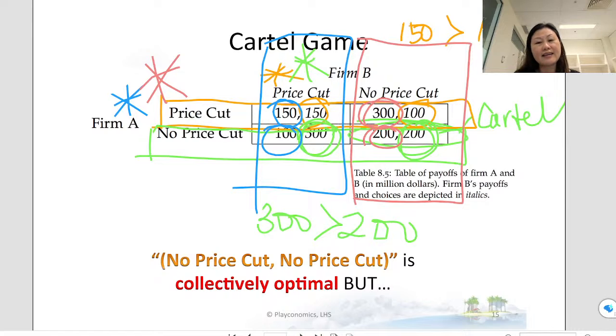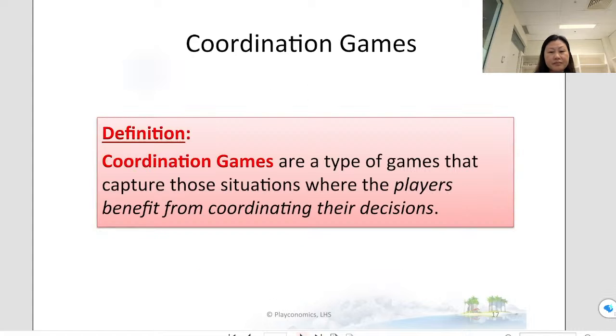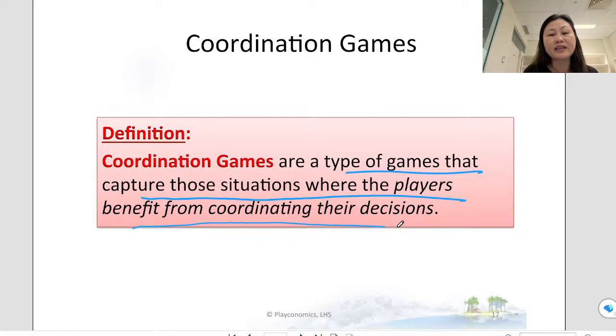The next game theory that we're going to talk about are coordination games. Coordination games are a type of games that capture those situations where the players benefit from coordinating their decisions.